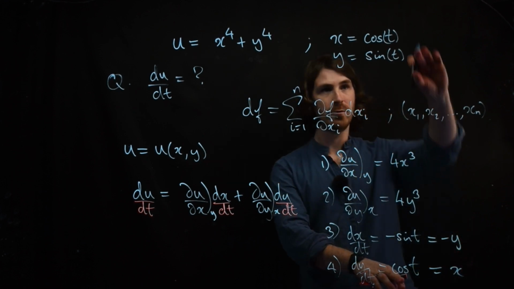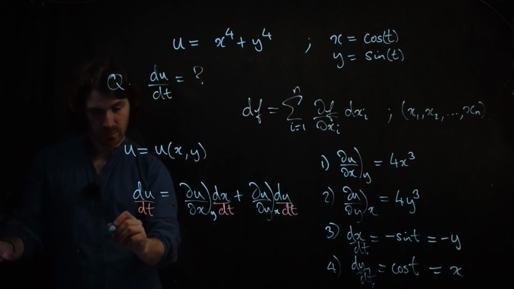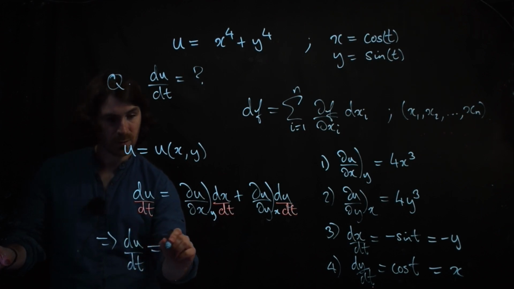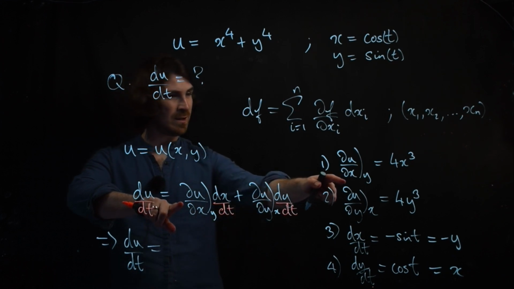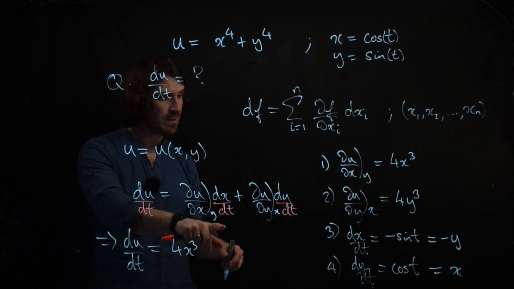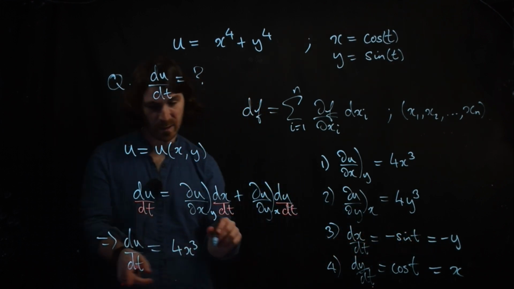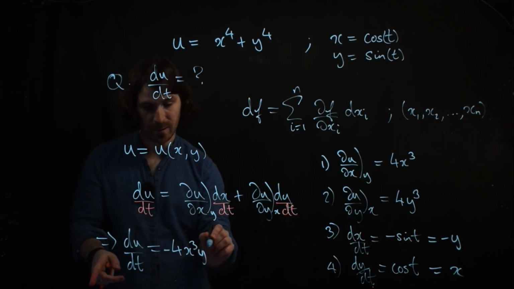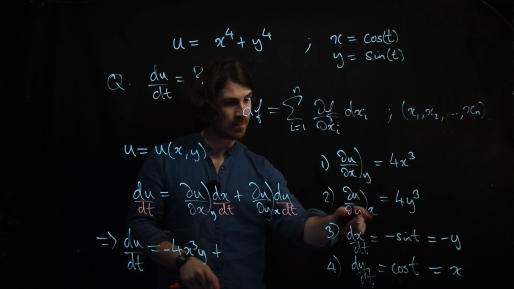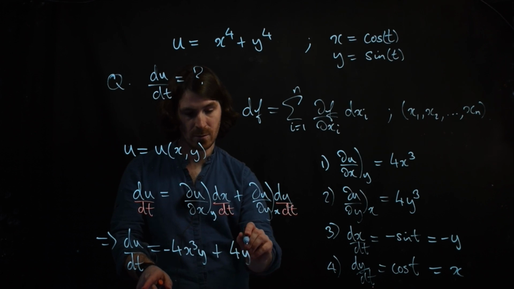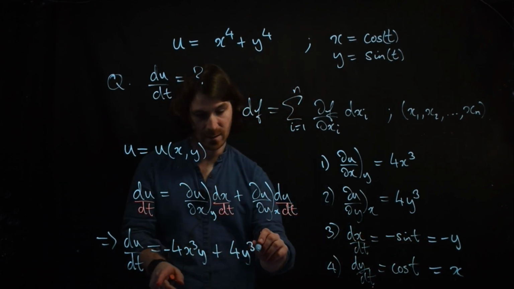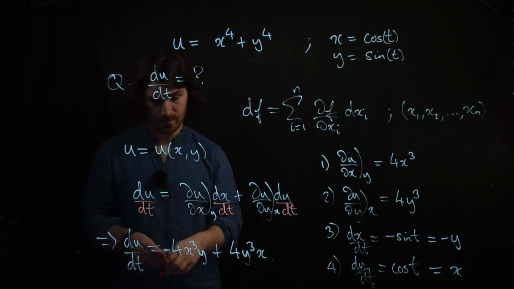This tells us that du by dt equals the partial derivative du by dx, that's 4x cubed, times dx by dt, which is minus y, plus du by dy, that's 4y cubed, times dy by dt, which is x.